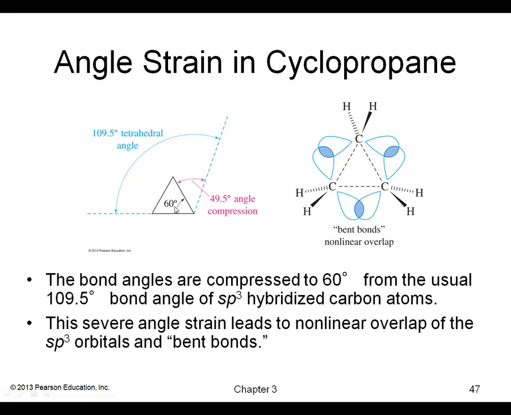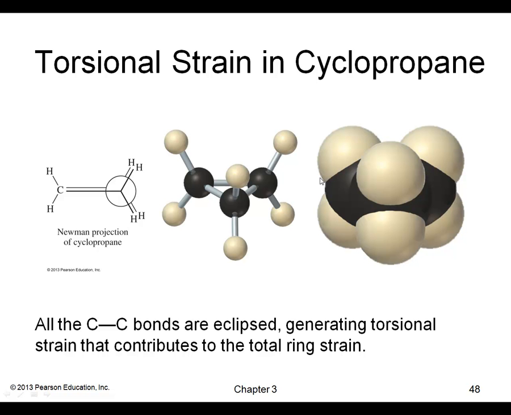Okay. This has so much angle strain that these bonds are actually bent, or sometimes called banana bonds. Okay, here we see the model of cyclopropane.